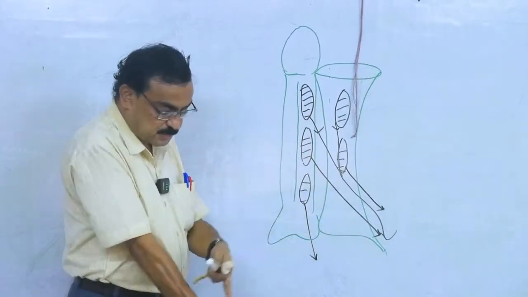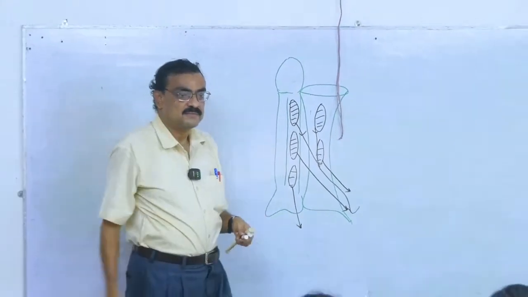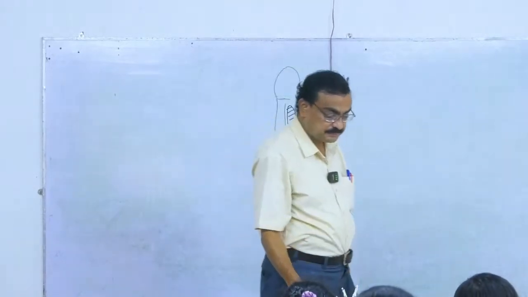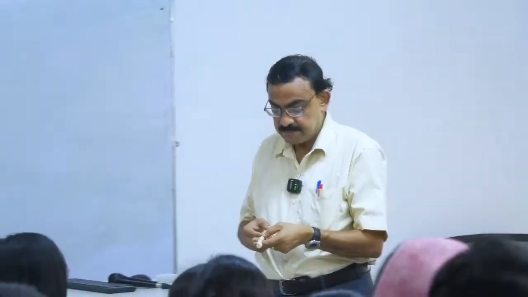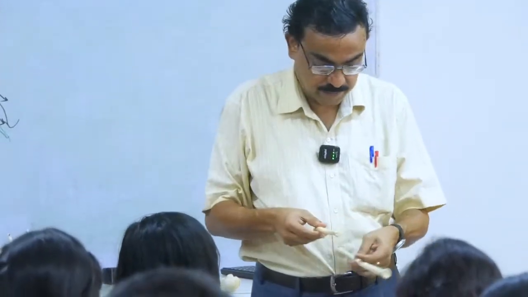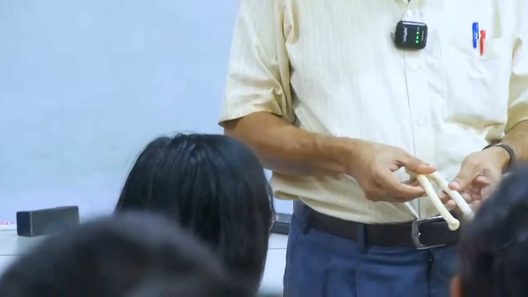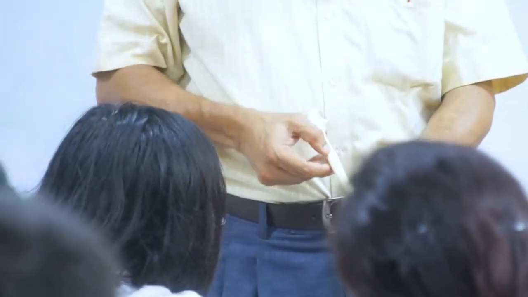And this is for the index finger. So these are the three muscles taking origin from the medial aspect, from the lateral aspect of the posterior surface. Clear?